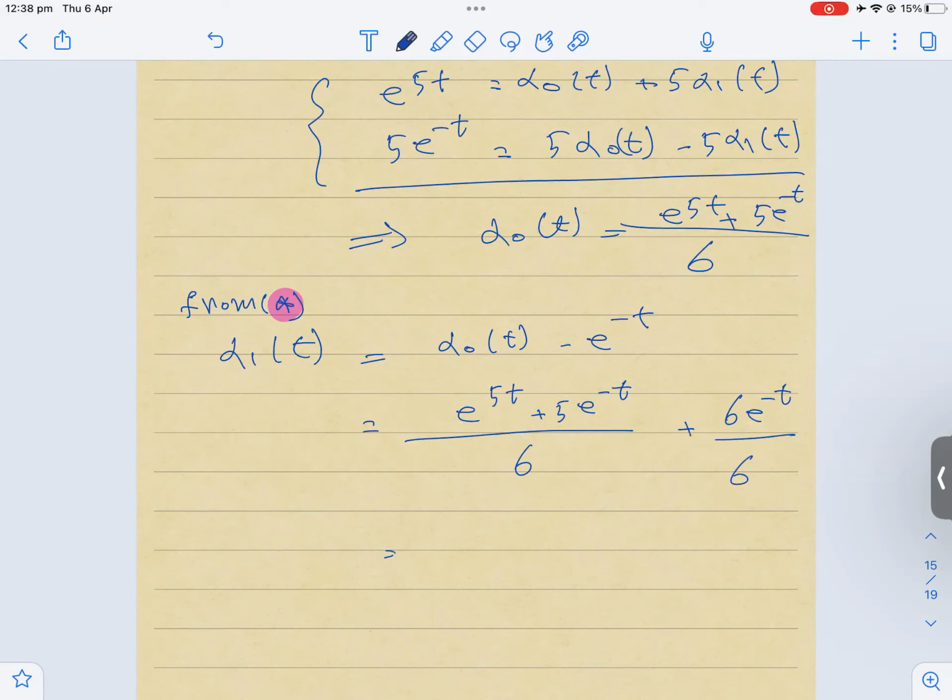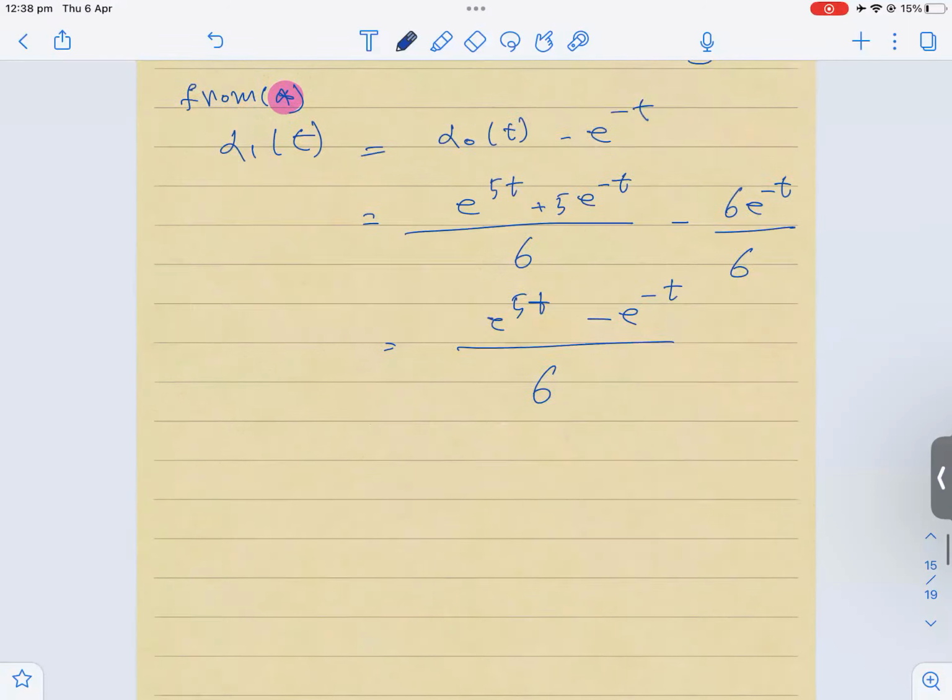This will be 6e to the 5t, 5e to the minus t. This should be subtraction. This will be e to the minus t, which you didn't fix me.